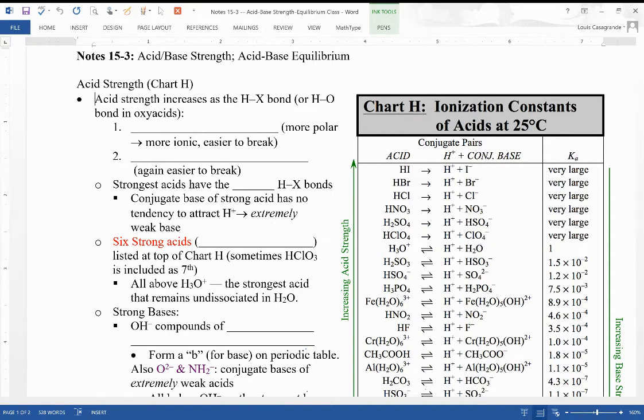And as you can see on the left side of the chart, I have increasing acid strength, arrow pointing up towards the top.